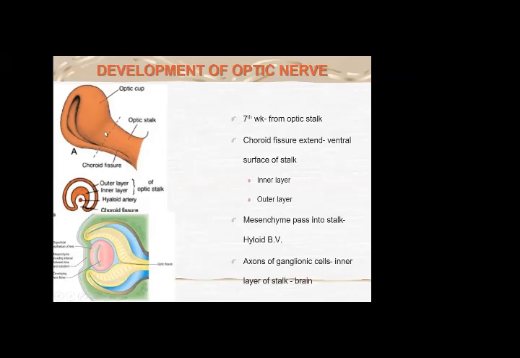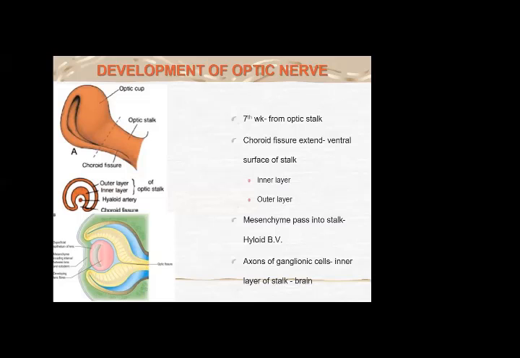Okay? This is the outer layer of the optic cup. This is the inner layer of the optic cup. And the inner layer and the outer layer meet over here. Now, on the inferior surface or the ventral surface of the optic stalk, you have the development of this fissure, which is called the choroid fissure.